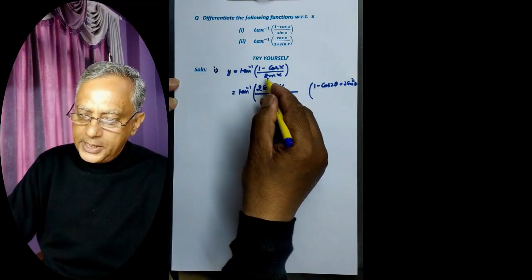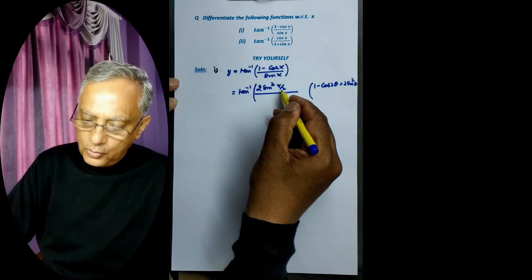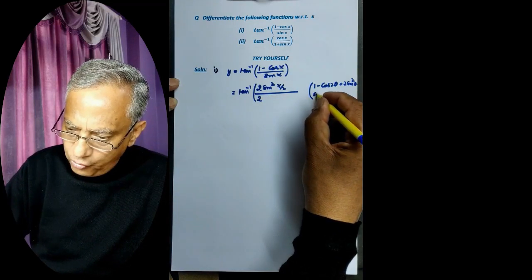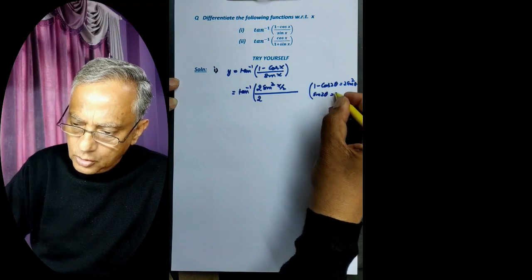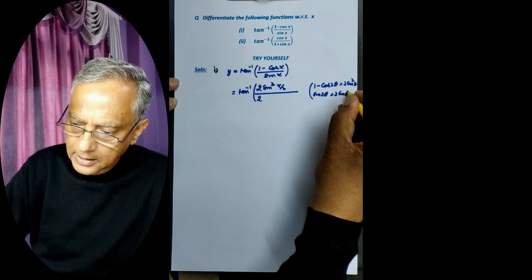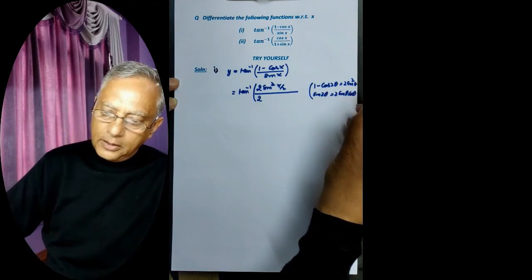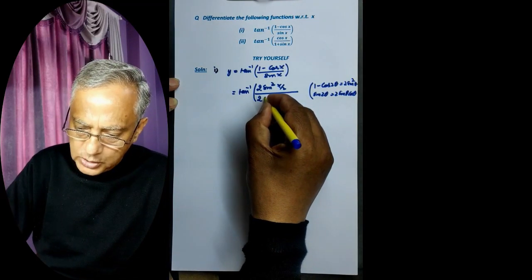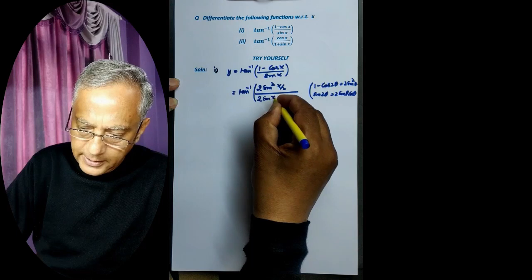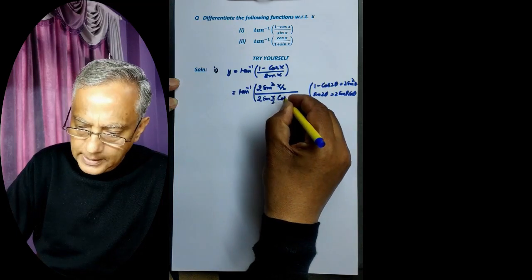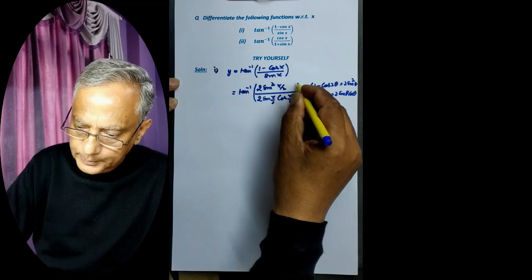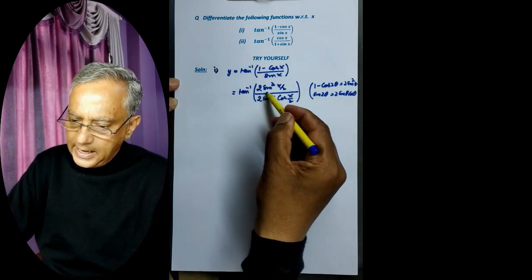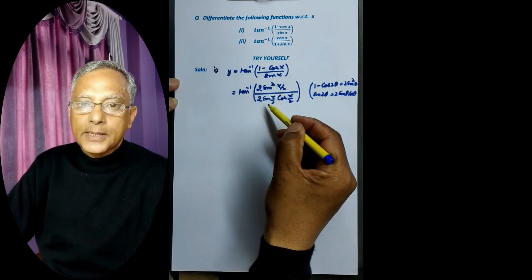And we know sine of 2 theta is 2 sine theta cos theta. So we can write this as 2 sine x by 2 cos x by 2.